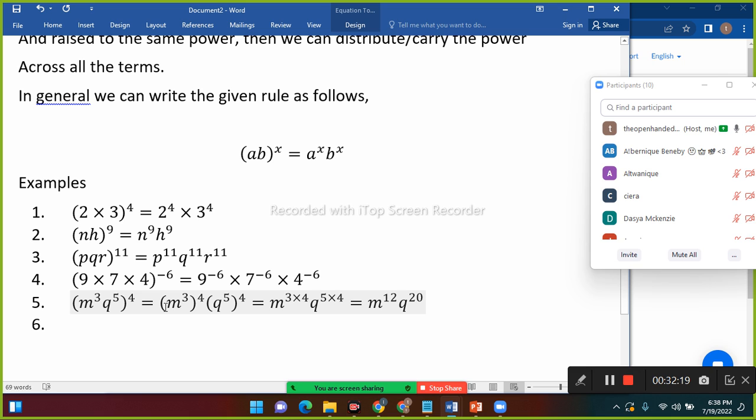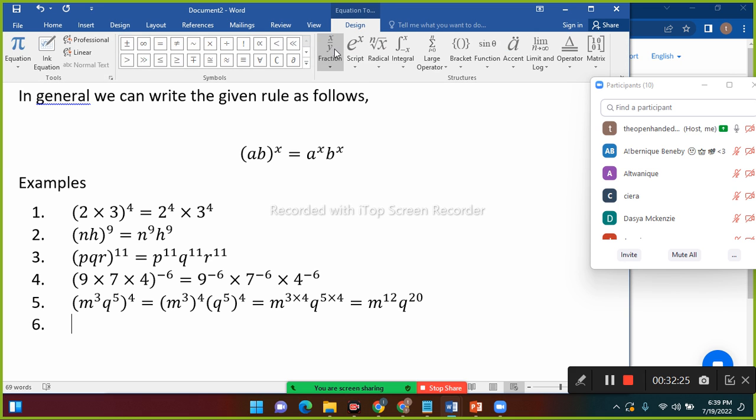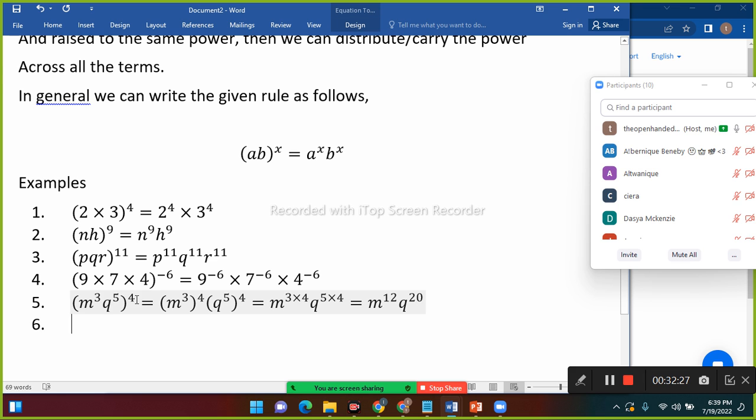So let's say we have 3 to the second power times 5 to the third power, all raised to the fourth power, let's say.